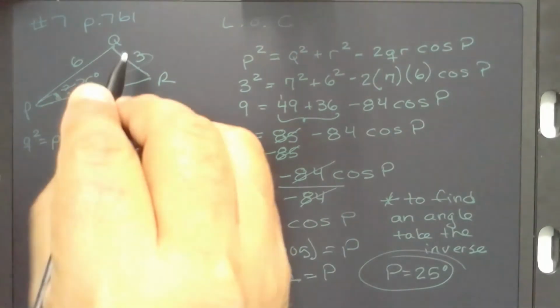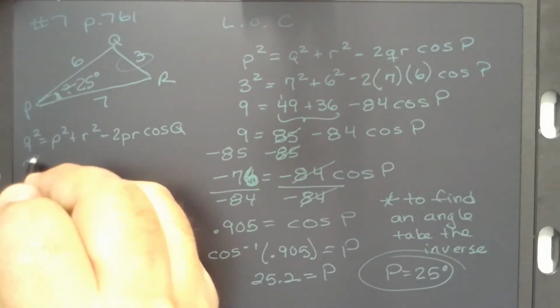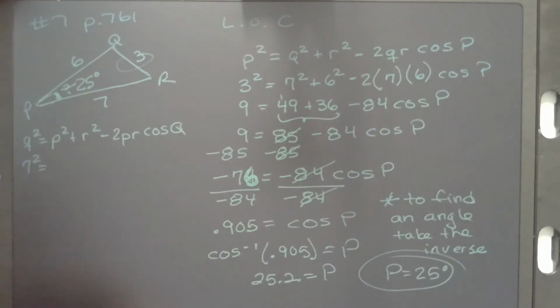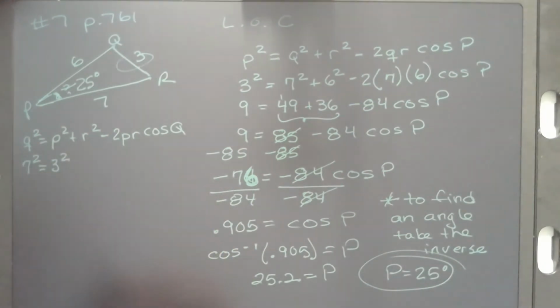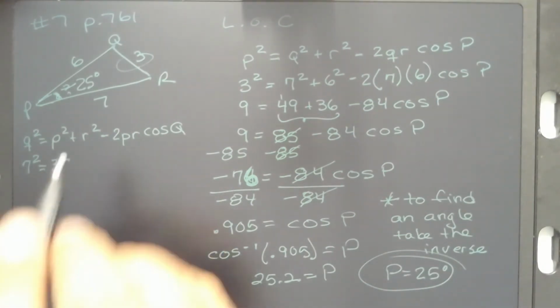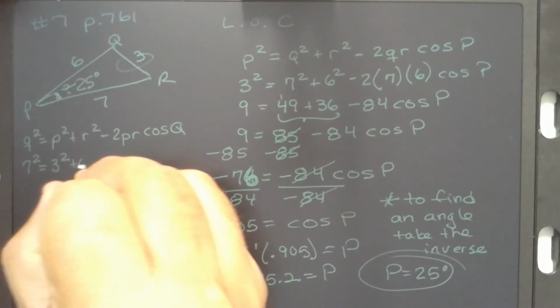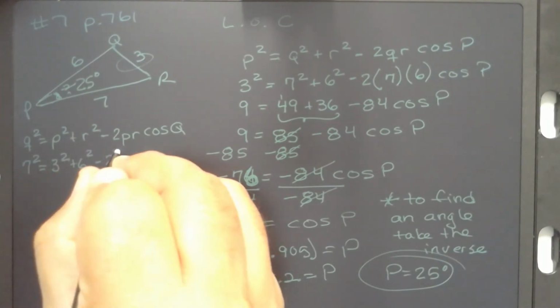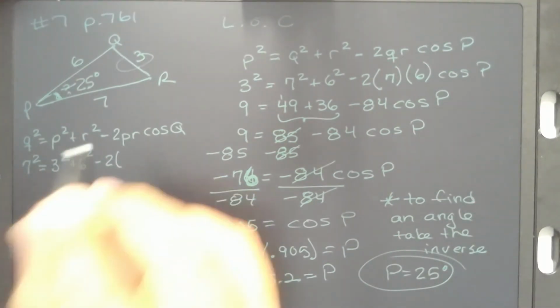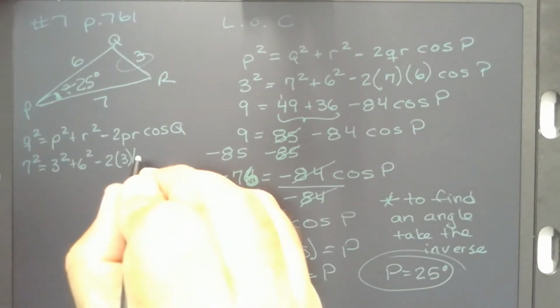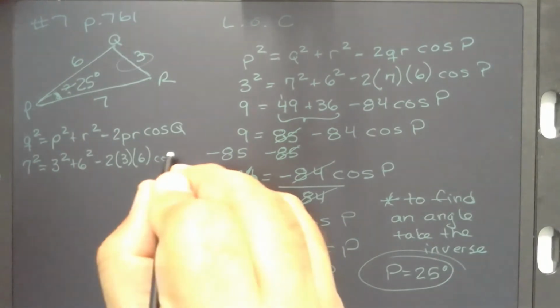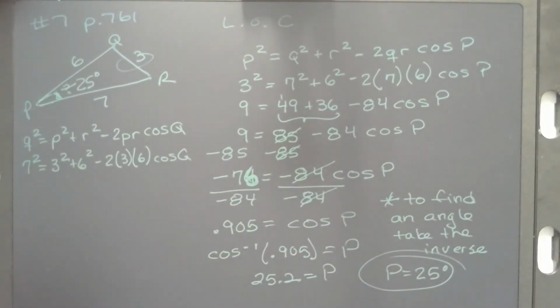Q is 7 squared. What's P? 3 squared. What's R? 6, plus 6 squared minus 2 times what's P again? 3. What's R? 6. And we have cosine Q.